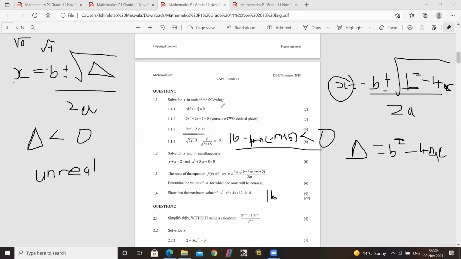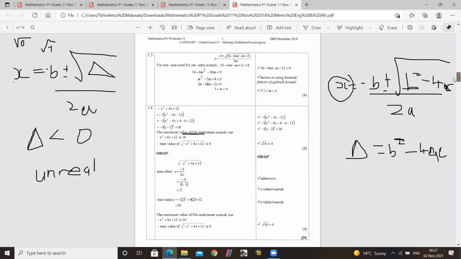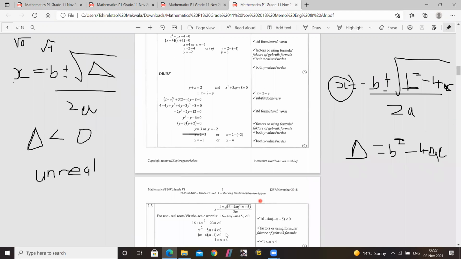Okay, I'll just go to the solution. Solution D. Do you see, for an unreal root, this is what happens.